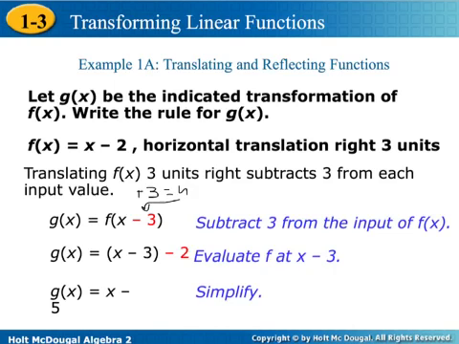Alright, and then we go ahead and rewrite the function. So instead of x minus 2, we now have x minus 3 minus 2, because this was x minus 2, now it's x minus 3 minus 2. Alright, and then when we simplify, we end up with x minus 5.